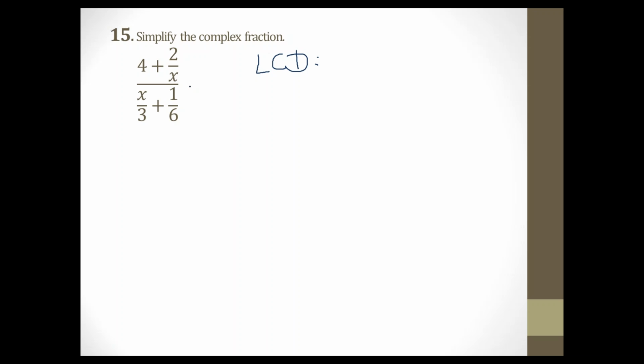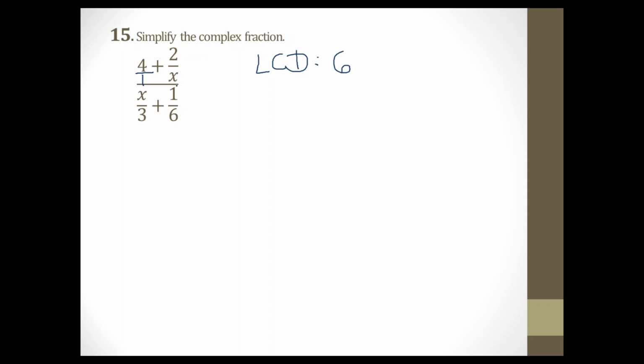So looking at all the individual fractions, and I can make the 4 a fraction as well by putting it over 1, I'm looking at all the denominators to find the least common, so a combination of all. I got a 1, x, 3, and 6. Starting with the numbers, the least common denominator would be 6, because 3 goes into 6 and 1 goes into 6.